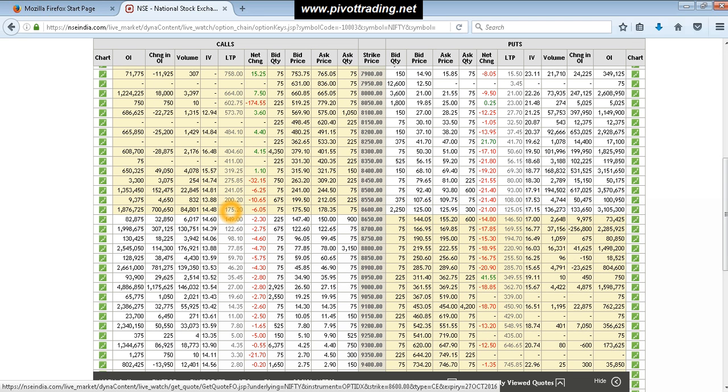But after 1 month, since your prediction was right and the Nifty went till 8900 index value, your total profit is 300, but out of 300, 175 is your total investment. So the actual profit that you made is 125 rupees per option contract. So this is how your profit gets evaluated.